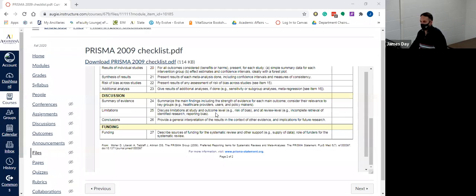So if we go back and we look at our original PICO question, and our question specifically was looking at college athletes. And there was no research or very, very limited amount of research on college athletes.